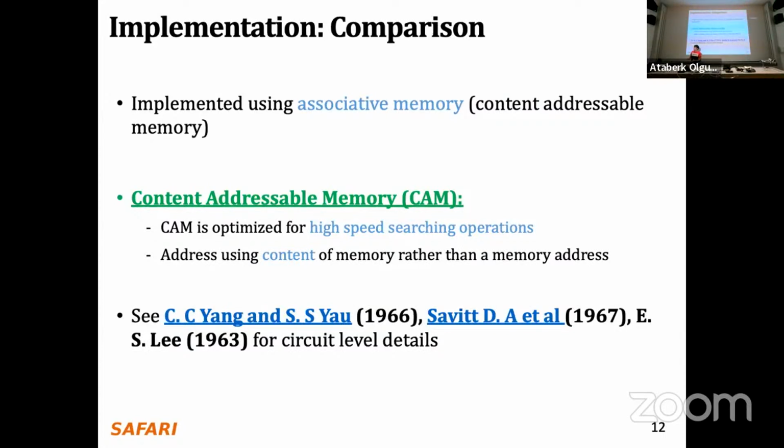If, however, you had a specific circuit that is really optimized towards figuring out whether a given word exists in memory, then that would definitely help with performing these operations much faster, right? Does that make sense? Absolutely, yeah.